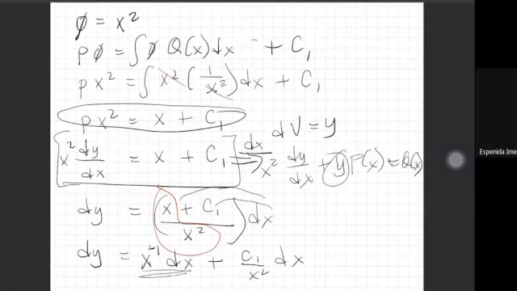This is simply ln of x. We will integrate both sides, so integrate on the next page.